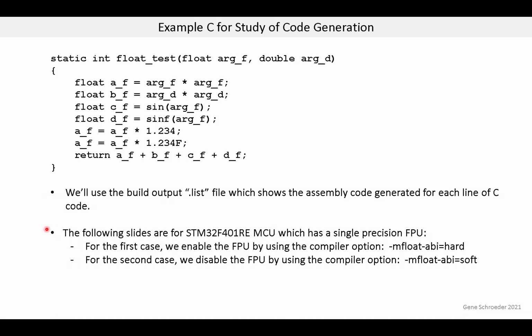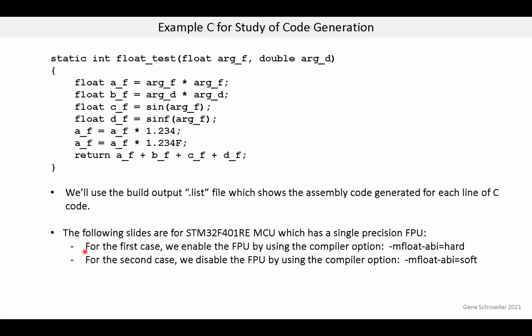Now, the MCU we'll be using is this one right here, and it's located on a Nucleo board. And it has a single precision FPU on it. But we want to look at the cases with and without an FPU. And we can do that by controlling this compiler option -mfloat.